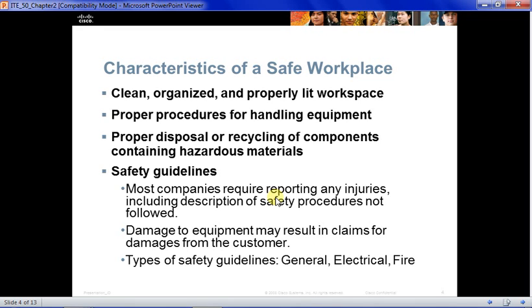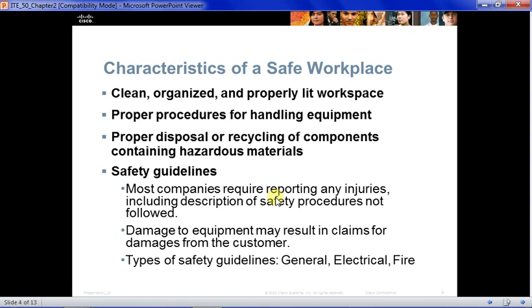Because of other things like static electricity, we need to protect our equipment, keeping it in the proper bags and containers until we're ready to use it. We want to make sure we recycle our hazardous materials in a proper fashion. Most companies will have procedures for this.